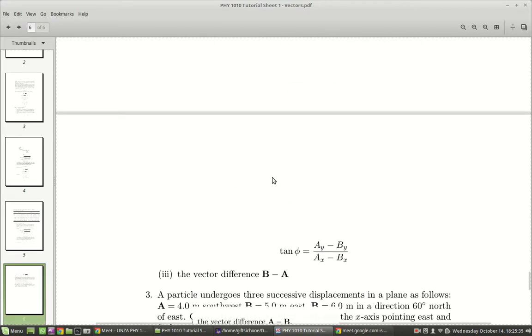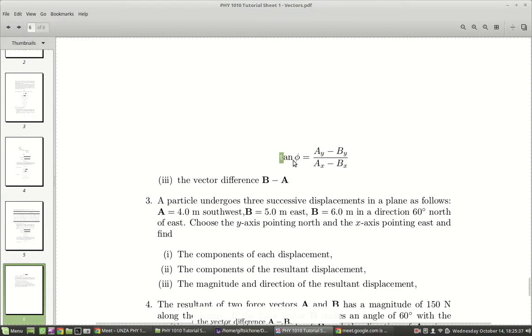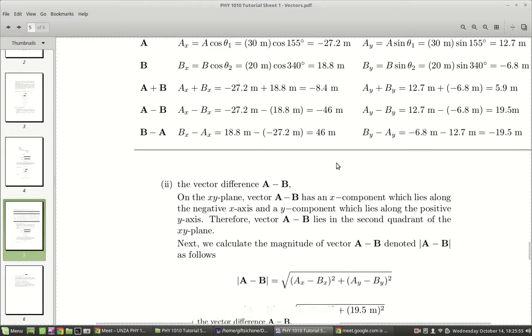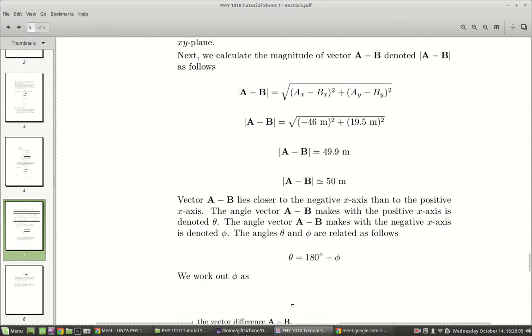Okay, so basically, for us to work out phi, this is how we work out phi. Phi is the angle you're working out which is closer to the x-axis. So AY minus BY over AX minus BX. AY minus BY is this one, 19.5. The other one, AX minus BX, is minus 46.